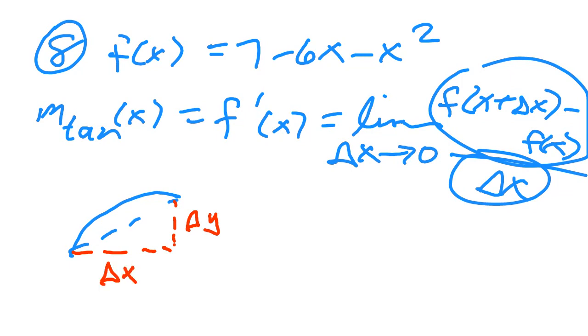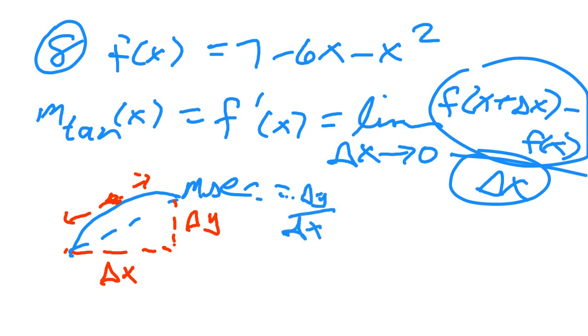And so the slope of the tangent line at any point x here, well, this is the slope of the secant line. The blue one is the secant line. It connects 2 points on there. So the slope of the secant line would be delta y over delta x, right? Yeah.